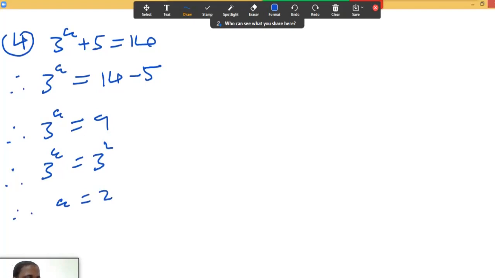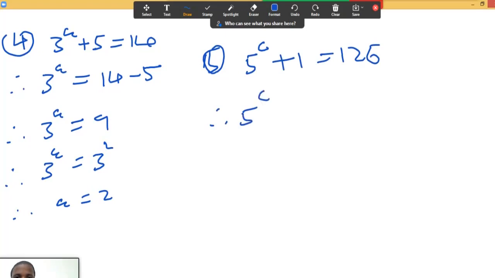Let's look at this one. This is example 5, where we're looking at 5 to the power c plus 1 is equal to 126. Therefore 5 to the power c is equal to 126 minus 1, so 5 to the power c is equal to 125.